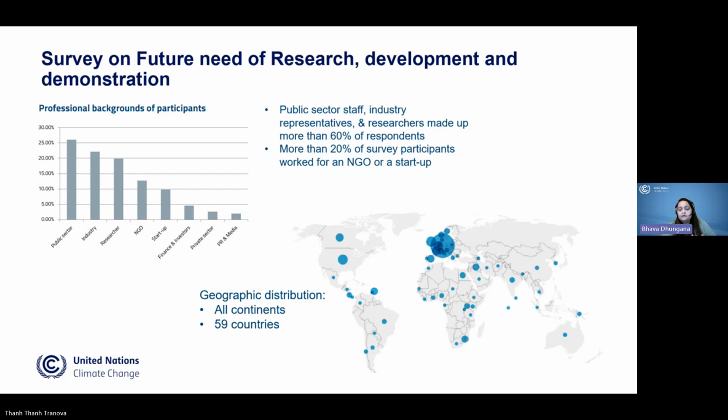A lot of the feedback was from Europe, but also a large number of countries from Africa, Asia, as well as South and North America provided their input. Participants included those in the public sector, industry, research, NGOs, startups, finance and investors, private sector, and also media. Next slide, please.